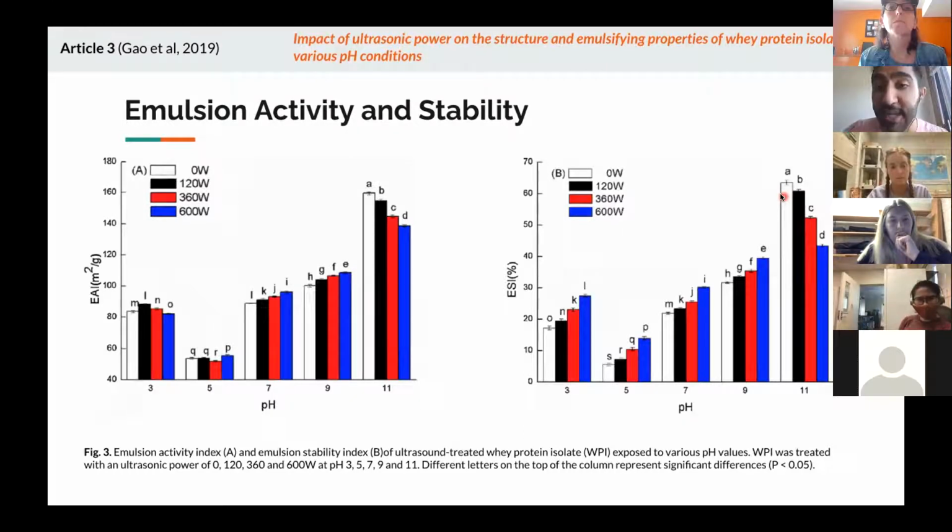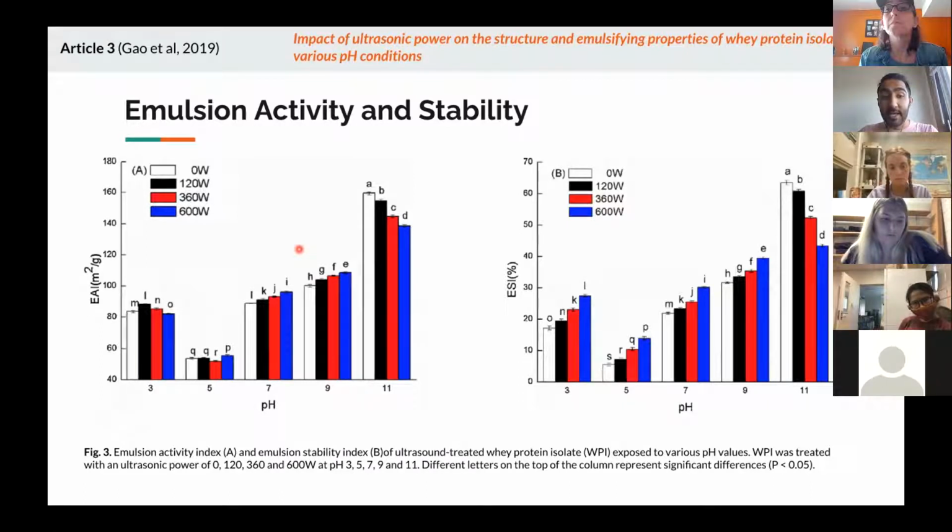For the emulsion activity and stability, in the left chart, the emulsion activity at pH 7 and 9 of whey protein isolate gradually increased as the ultrasonic power increased from 120 to 600, compared with untreated whey protein isolate.